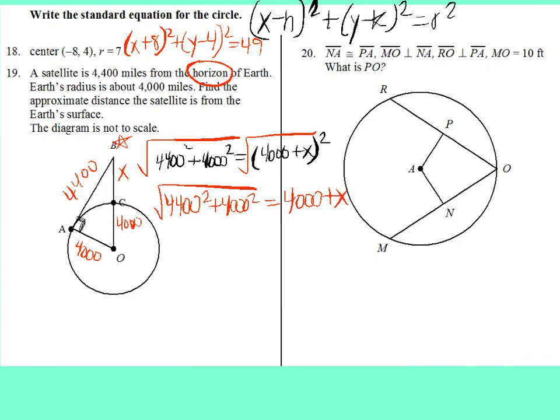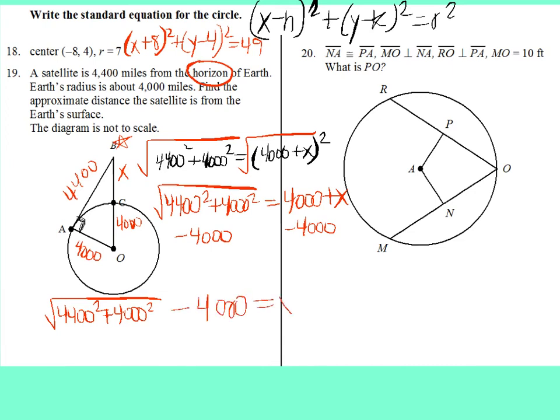And then to get rid of the 4,000 to isolate our x, we'll just subtract that on both sides. So in your calculator, what I want you to do is say the square root of 4,400 squared plus 4,000 squared, all underneath the square root, and then subtract 4,000 from that, and that will be our answer.